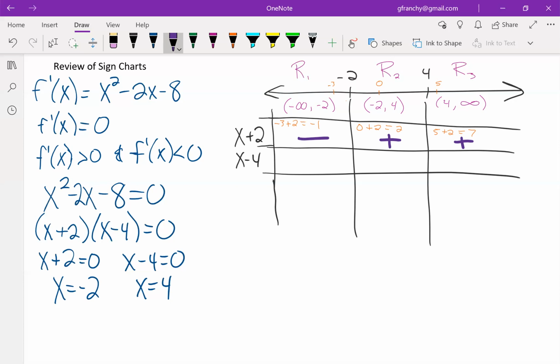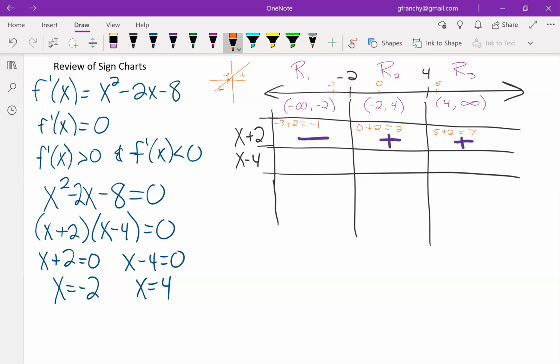When you have linear factors, you may also think of it as, if you thought of that line. So here is the line x plus 2. There's -2 there. And before -2, it takes on negative values, and after -2, it takes on positive values.